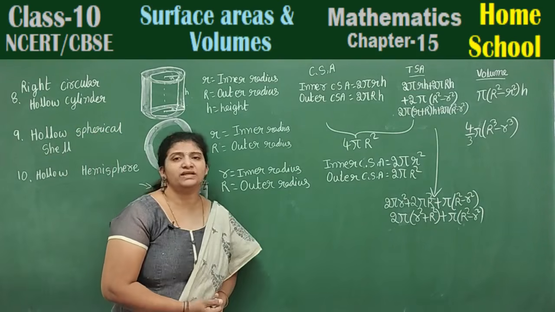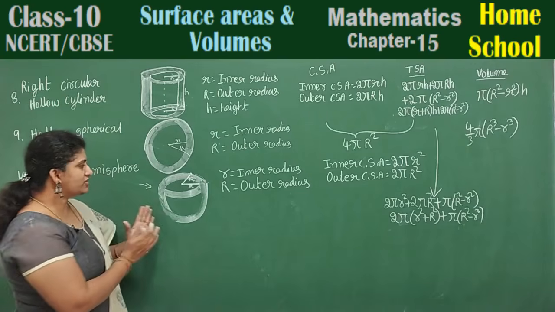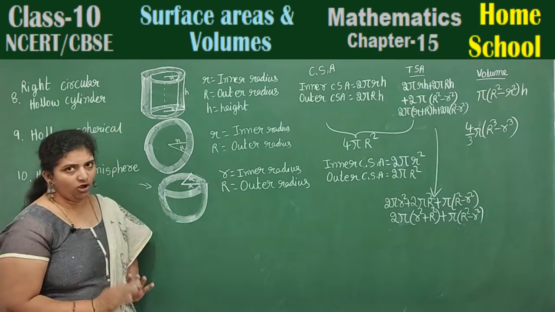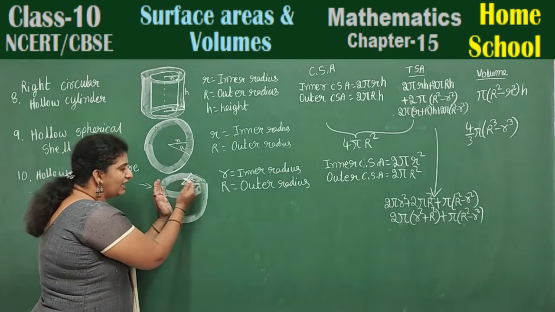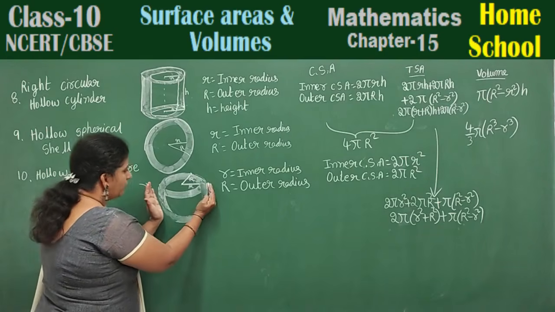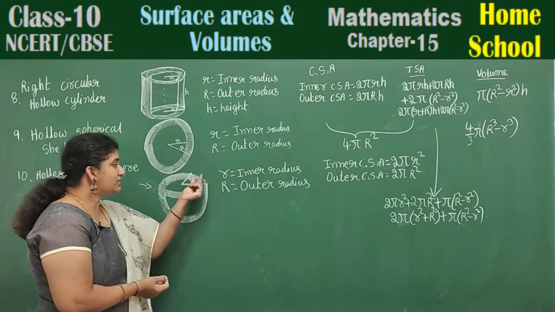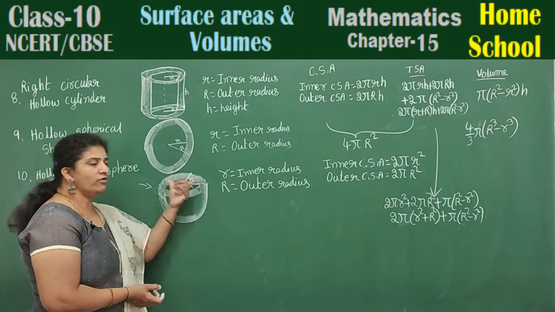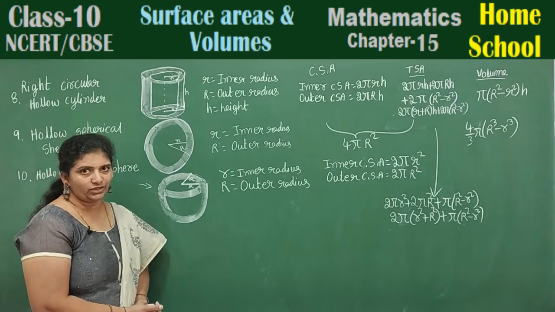Coming to the last one, it is volume. Volume of a hollow hemisphere. Observe here, children, the inside part is hollow. Outside volume minus inside volume. How can we get this volume? Look here, this volume minus this volume, you are going to get the thickness volume, right? So the volume of a hemisphere is how much? 2 by 3 pi r cube.